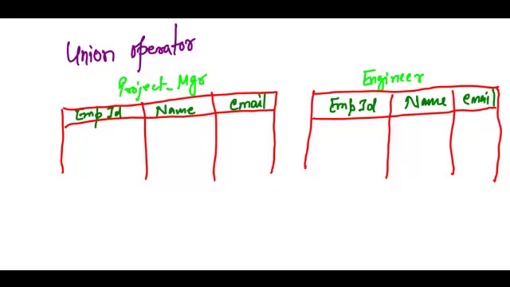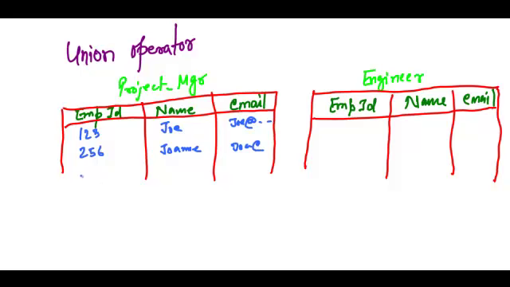Okay, so let's fill this table with some random values. We'll have 123. Name is Joe. Email is Joe at something. Then we have 256. Name is Joanne. Email is Joanne at something.